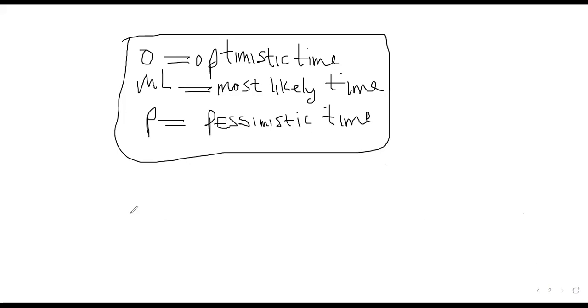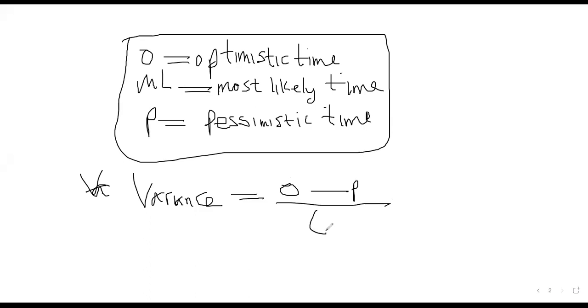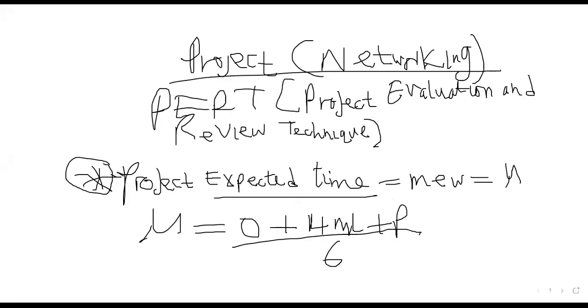Okay, so then we get down to variance of a project. Our variance is equal to optimistic minus pessimistic time over 6. So this topic is an integrated topic which is found in project management.